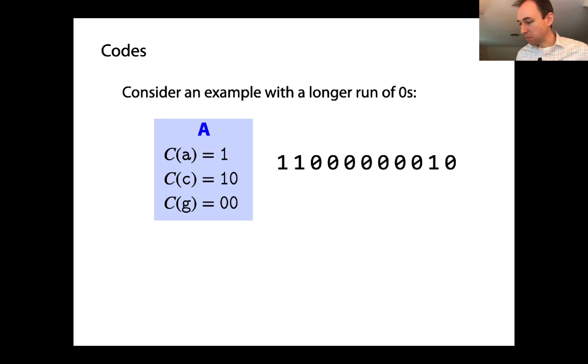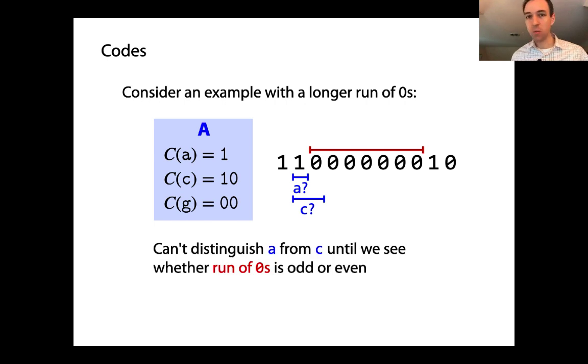So now this example has a long stretch of zeros, and the point is that for this one we're going to be in limbo that whole time, where we don't know whether that 1 is an A followed by a run of G's, or whether that 1, 0 is a C followed by a run of G's. We won't know until we get all the way to the end of the run of zeros, and we can know whether the run of zeros has even length or odd length.